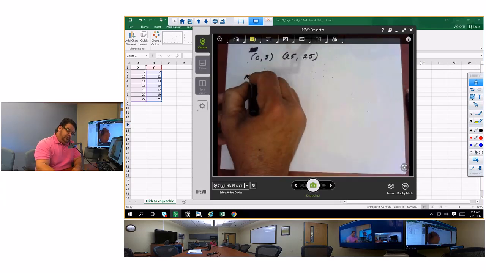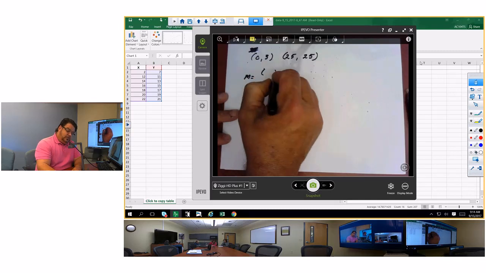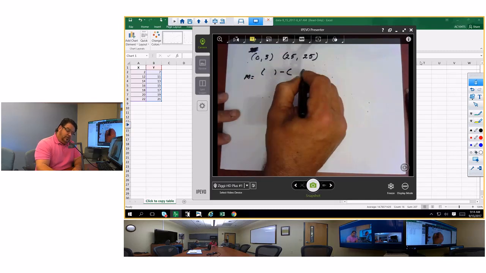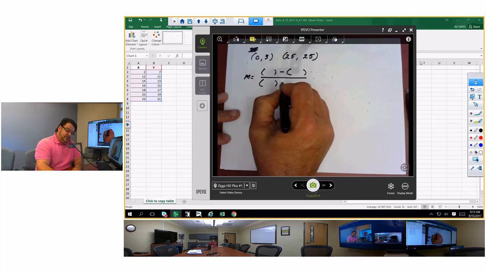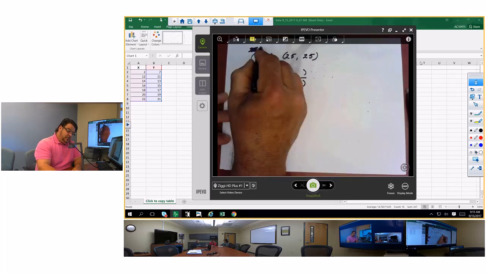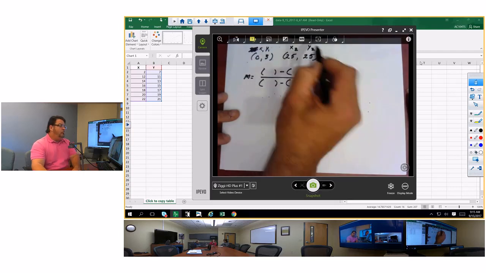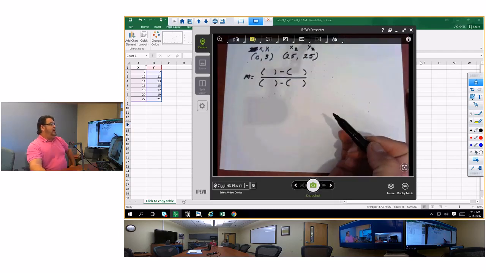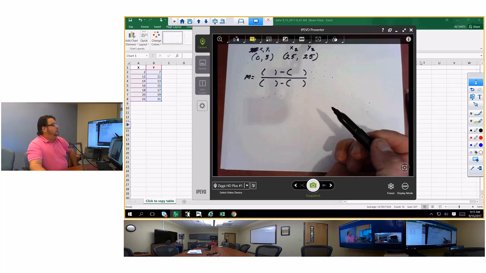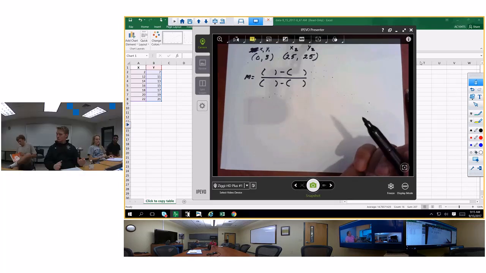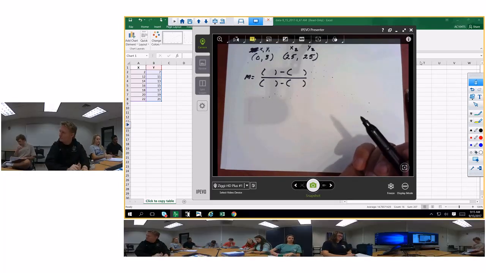M is equal to y sub 2 minus y sub 1 over x sub 2 minus x sub 1. X sub 1, y sub 1, x sub 2, y sub 2. And crank it out. Go ahead and do that. And then give me the equation for the line.